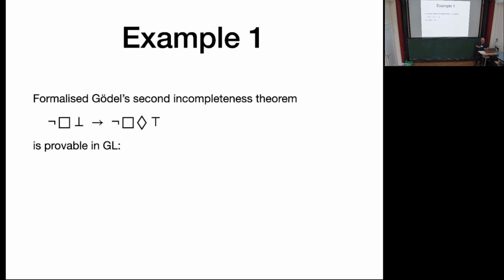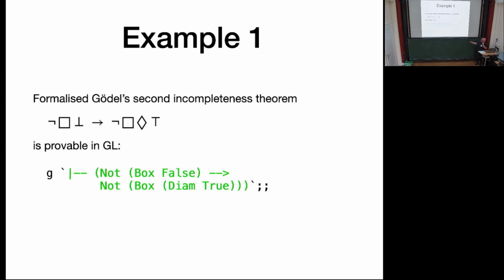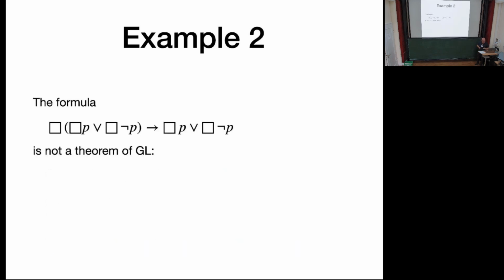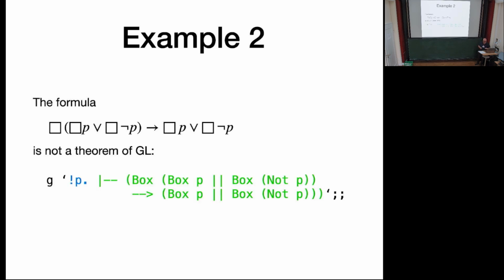To give an example, say you want to prove the second incompleteness theorem in GL. This is the instruction in HOL Light that states the theorem. You use a tactic which is called GL_TAC for proving the theorem, and you obtain the theorem because you have a proof of that. Otherwise, you start with another formula which is not a theorem of GL, which has a simple counter model in this case.